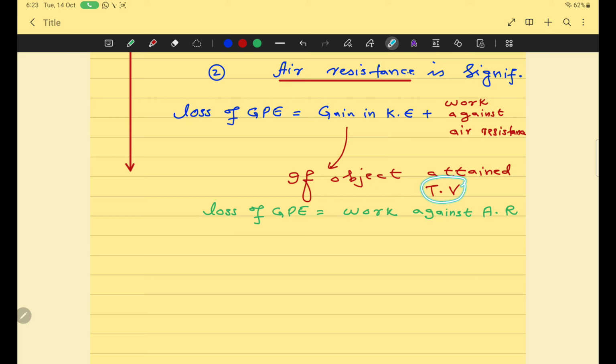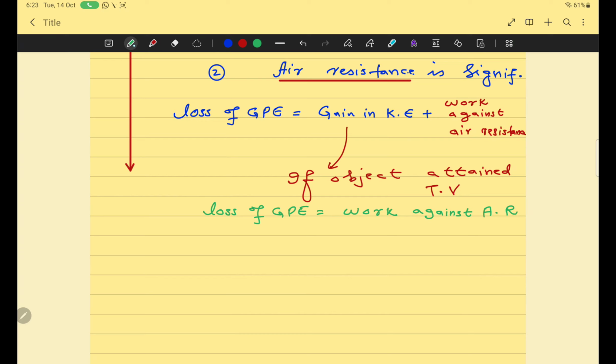There is no further increase in kinetic energy, so the gain in kinetic energy becomes zero. So we erase this factor, and only gravitational potential energy is converted into work against air resistance.